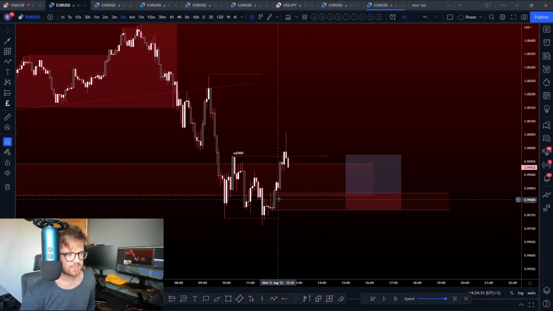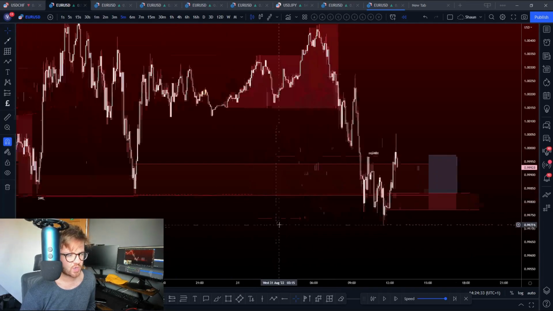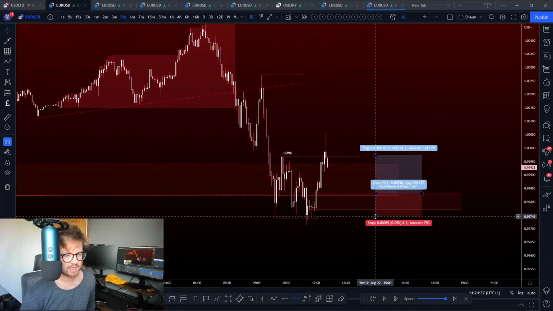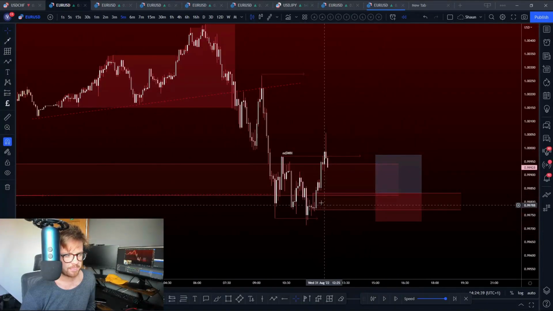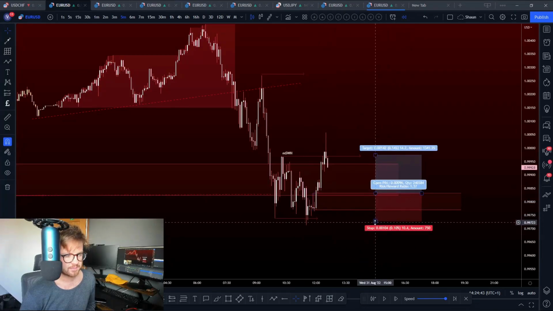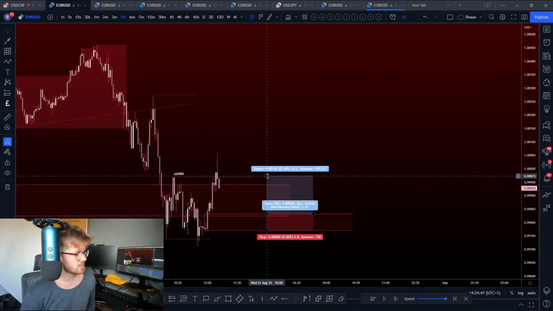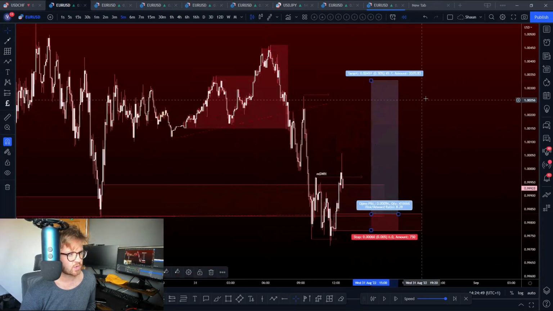Now, there's going to be a great deal less liquidity built up by here, guys, than there was by here. So with this, we don't even need to have a large stop loss. We know that the demand zone is fresh by here. There's a lack of liquidity. We can actually trade aggressively with a very small stop loss, just so we get a really nice return on this trade.